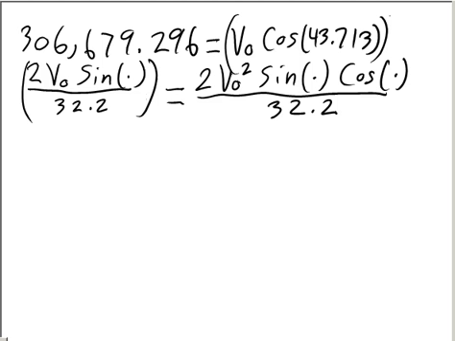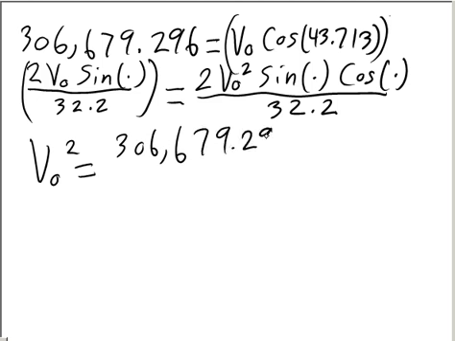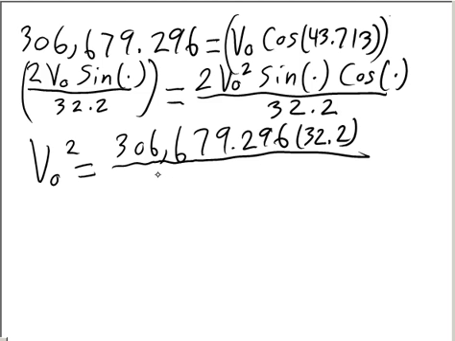Dividing out several of these other unwanted numbers, we find that v naught squared is equal to 306,679.296 times 32.2 all over 2 sine of the same angle times cosine of that angle.